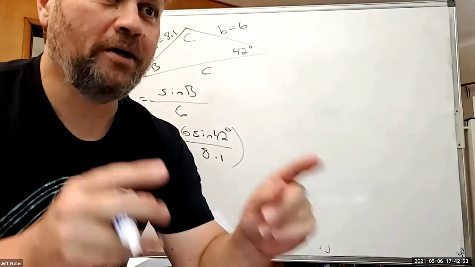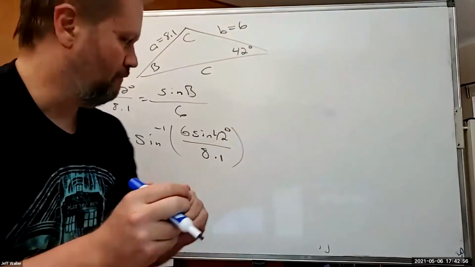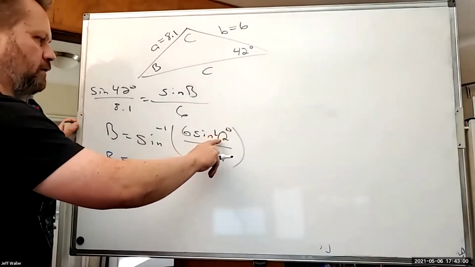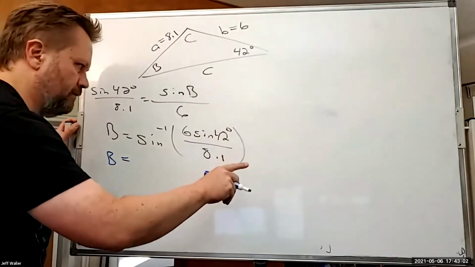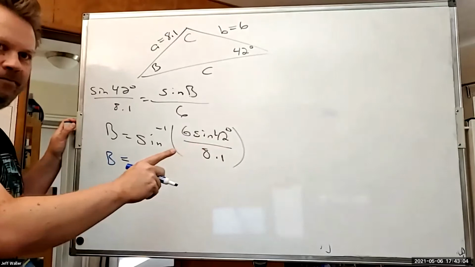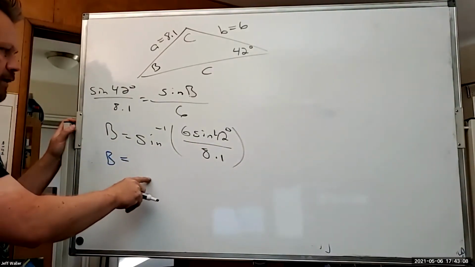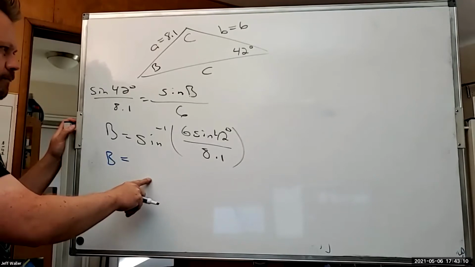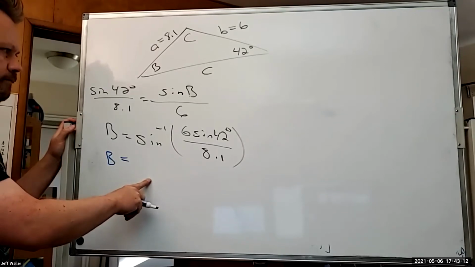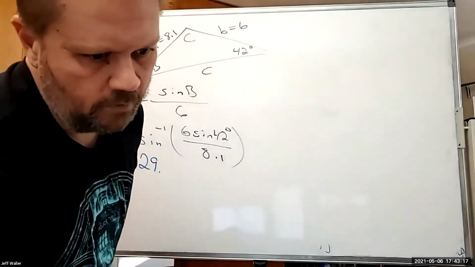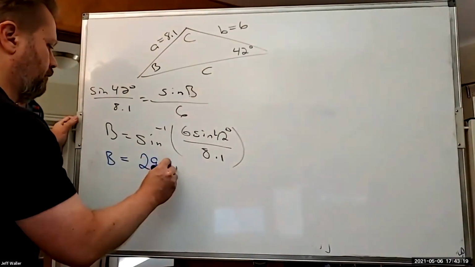Make sure you are in the correct mode, right? If you're not in degree mode, if you're in radian mode, it's going to think this is 42 radians, which is bad. So make sure you're in the right mode. Did somebody get that angle yet? It's approximately 29.71 degrees, that's fine.